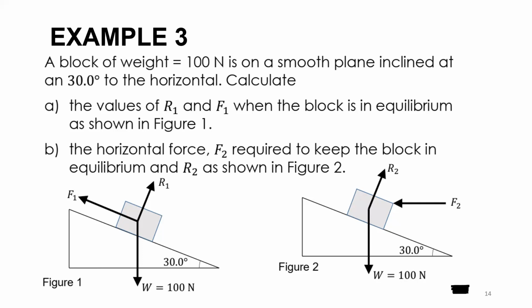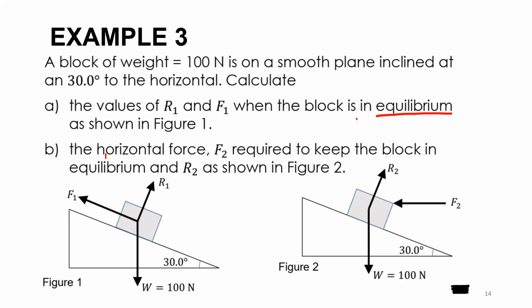A block of weight 100 Newton is on a smooth plane inclined at 30.0 degrees to the horizontal. Calculate the values of R1 and F1 when the block is in equilibrium, as shown in figure 1.